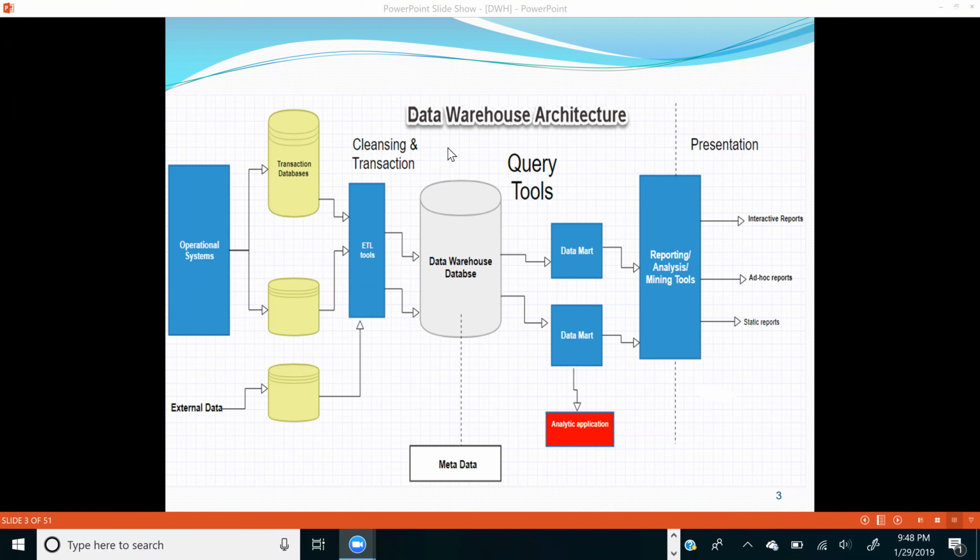Whereas they have come up with OLAP databases, and the main purpose of the OLAP database is analytical purpose. From there you need to understand that reporting is performed on data warehousing. The reason is, whenever you need to analyze something, you require some trend. Trend means how the data has been flowing in the last 6 months.